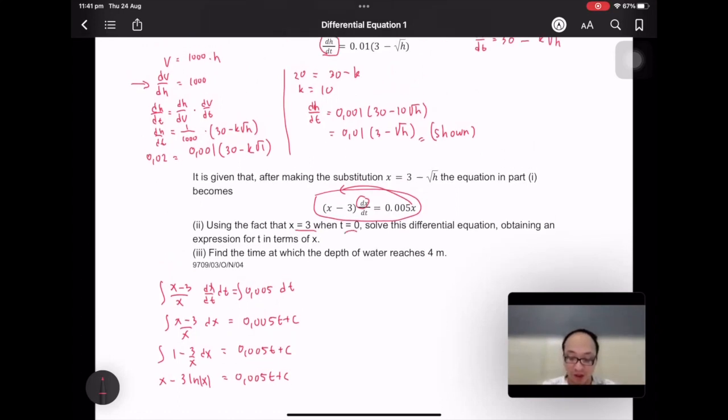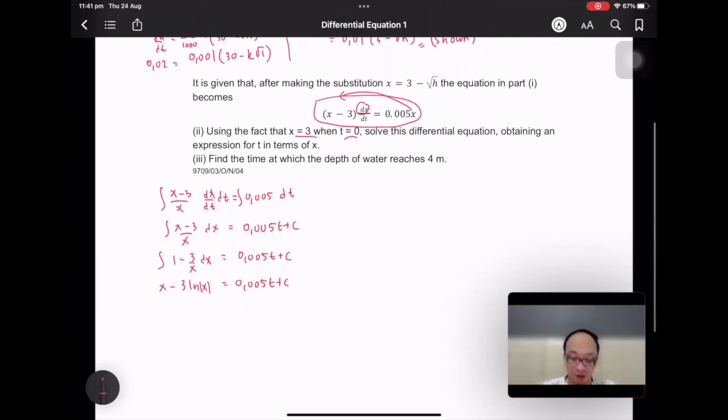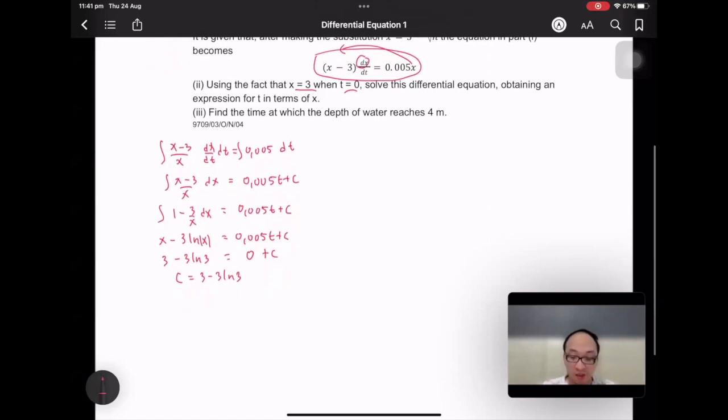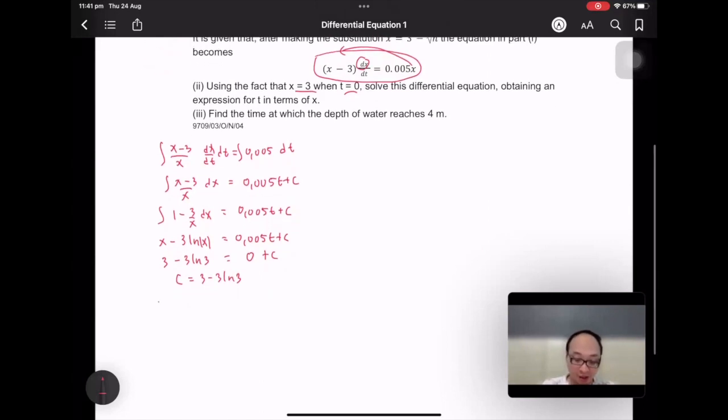When x equals 3, t equals 0. So on the right side, 0 plus c, and x equals 3 on the left, so it's 3 minus 3 ln 3. So c is 3 minus 3 ln 3. That means the equation will be x minus 3 ln x equals 0.005t plus 3 minus 3 ln 3. We have to express t in terms of x.